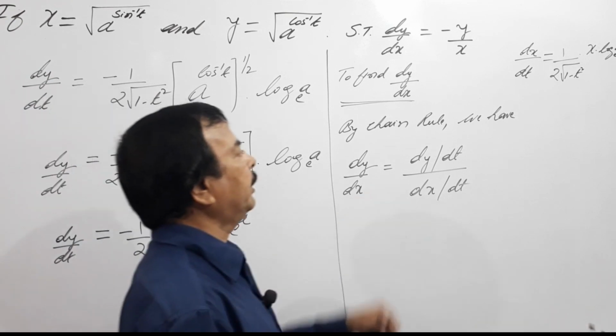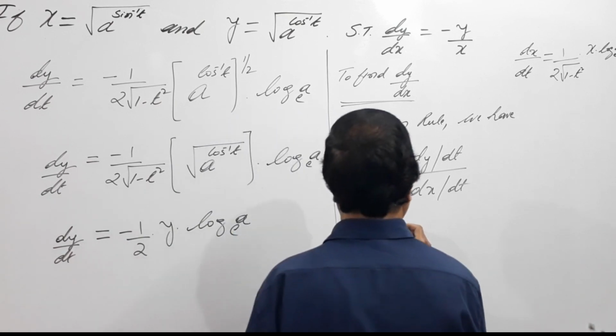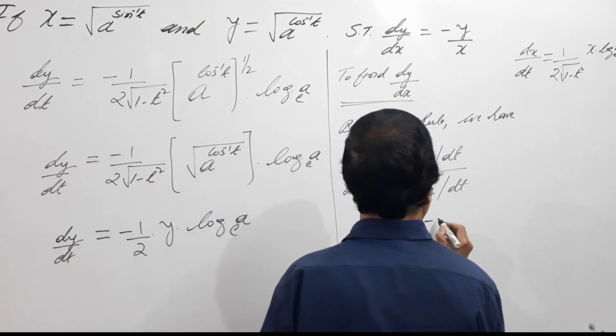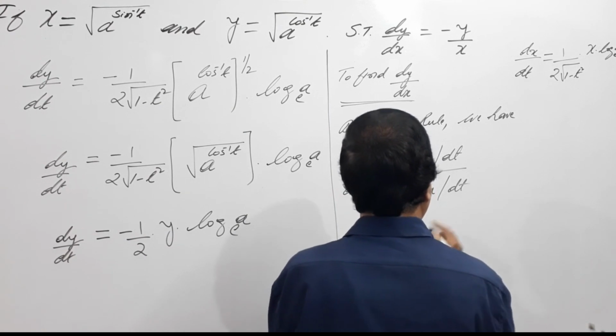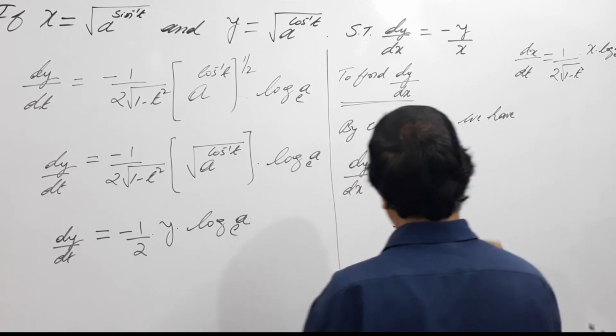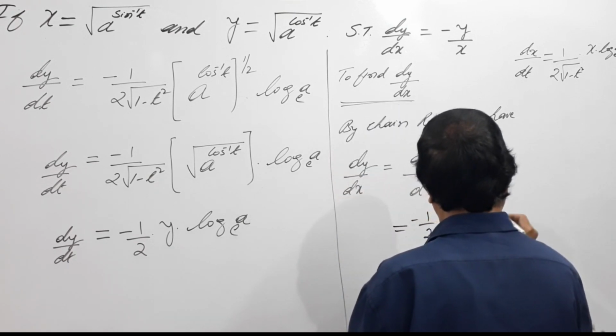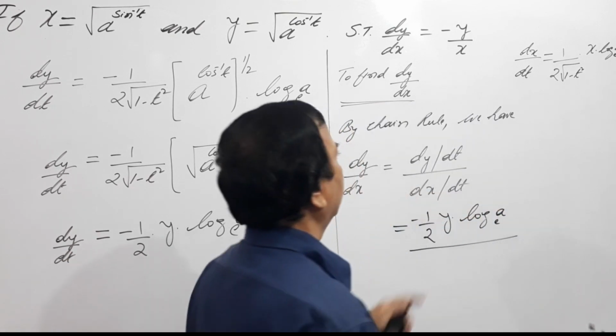So what is dy by dt? dy by dt is minus half y into log a to base c, divided by, and what is dx by dt?